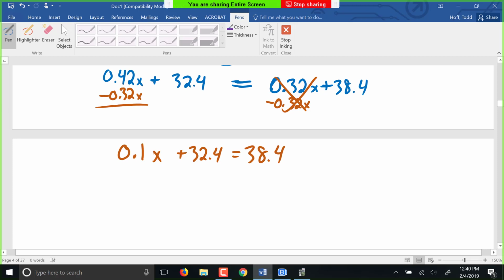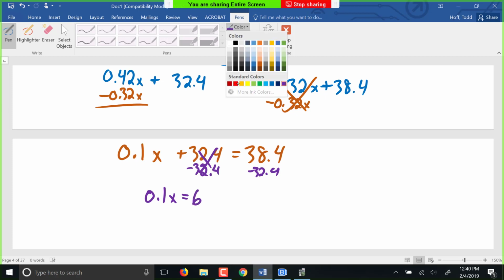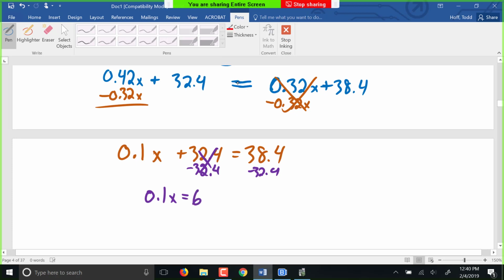What's our first step to do that? Subtract 32.4. So you get 0.1x equals 6, and then divide by 0.1. So x equals 60.